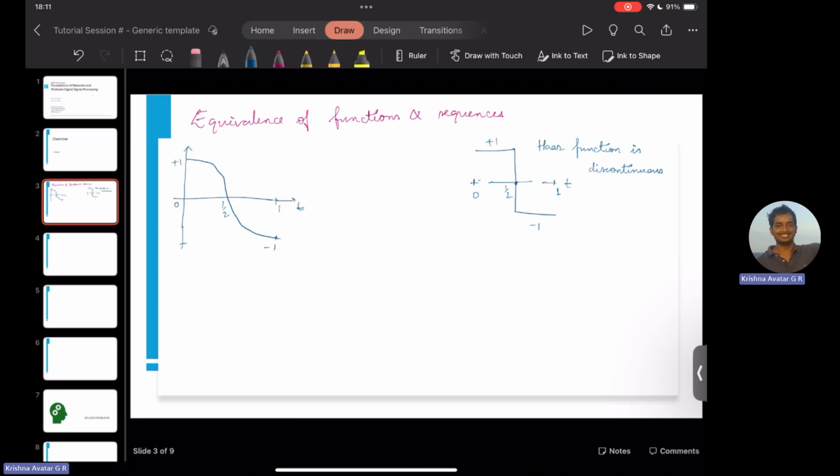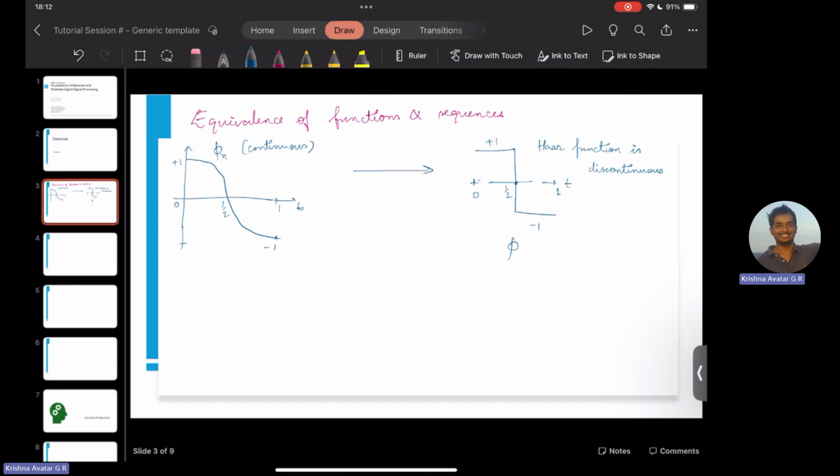Now let's try to understand: can we obtain the Haar function as a sequence? So this is some sequence, say Fn, and this is the final function f. And these Fn, this sequence of functions, are all continuous in nature. However, this Haar wavelet, let's adopt the usual notation.